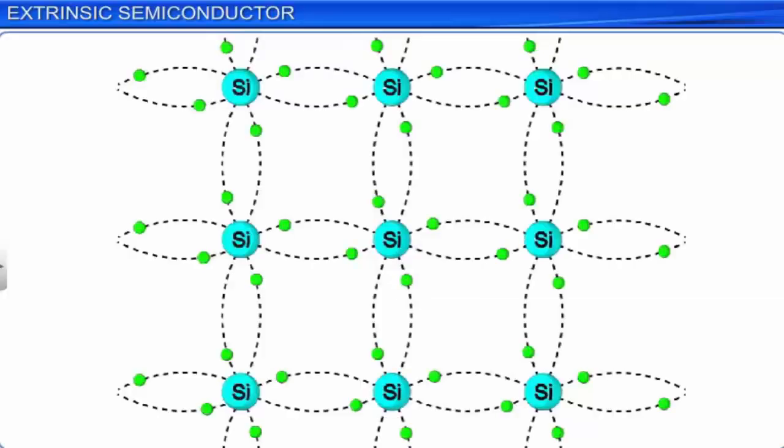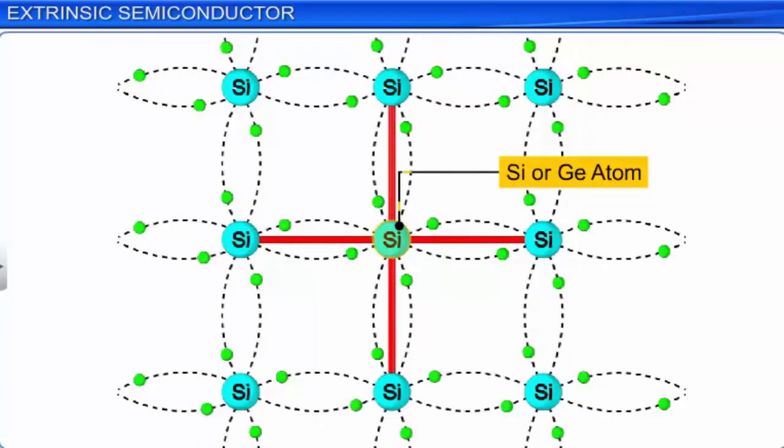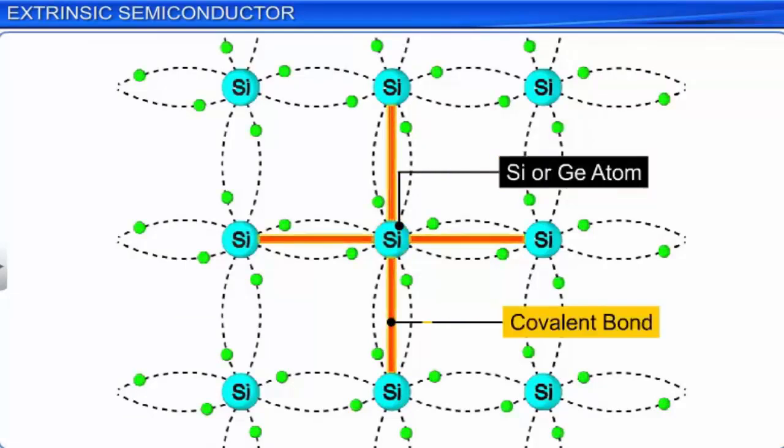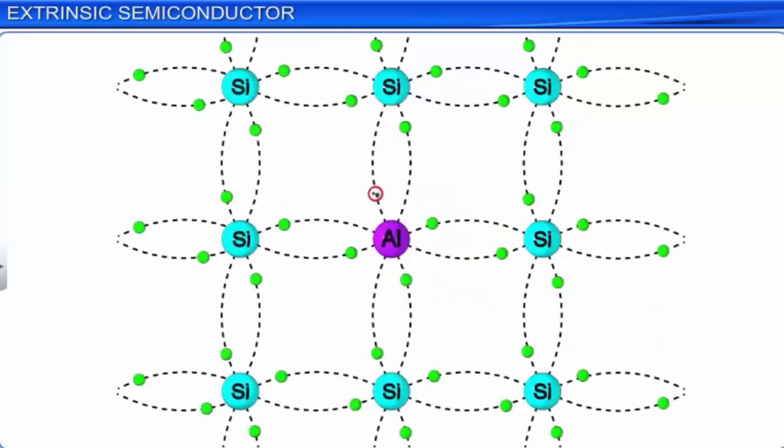We know that in crystalline form, each silicon and germanium atom forms 4 covalent bonds with 4 surrounding atoms. When a trivalent dopant, say an aluminium atom, is added to a silicon semiconductor crystal, the aluminium atom occupies the same position as a silicon atom in the crystal.